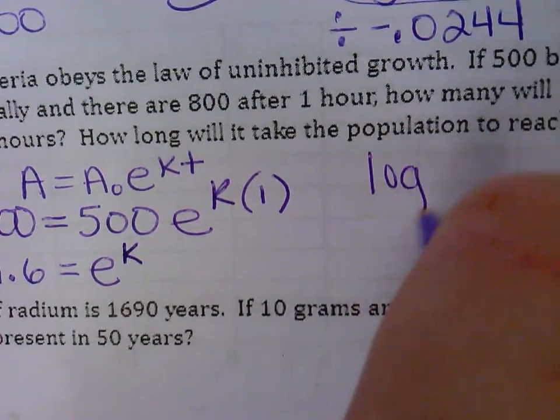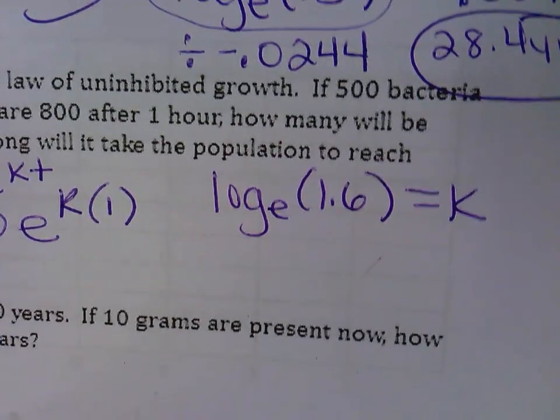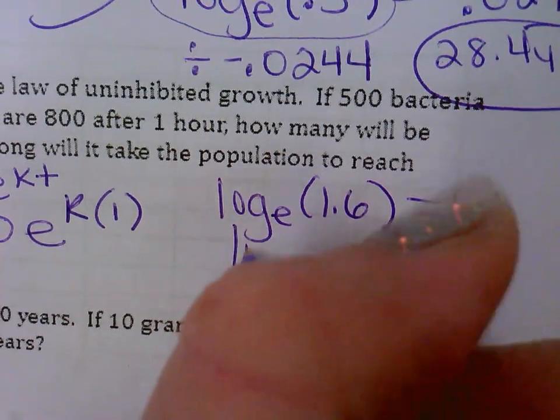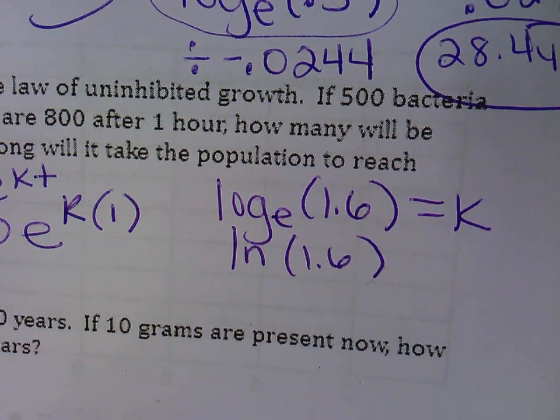Log base e of 1.6 will actually give me k. I don't have to divide by anything. All I need to do is take the natural log of 1.6. But that just gives me my k value.